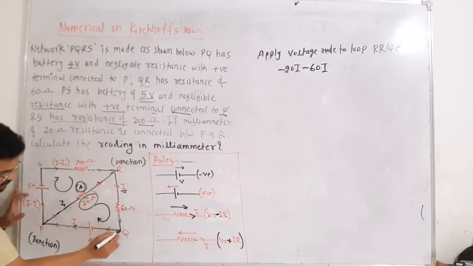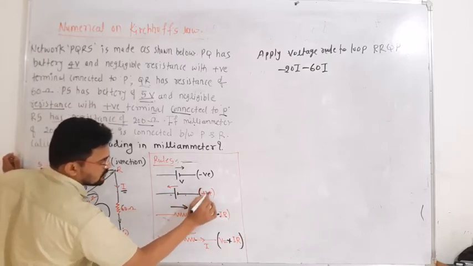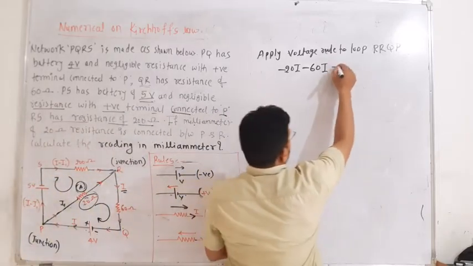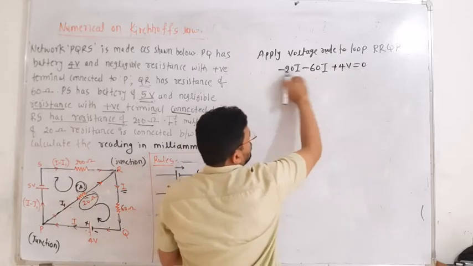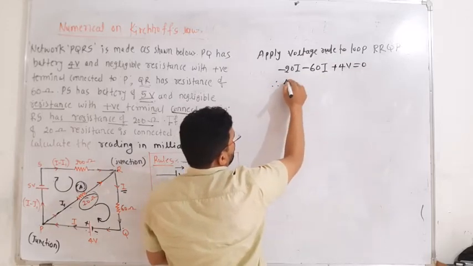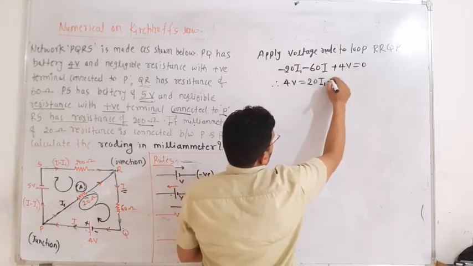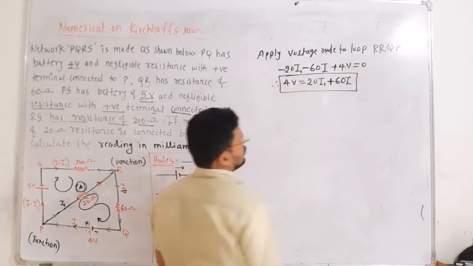Then you encounter this cell, moving from negative to positive. Always take the potential as positive when moving from negative to positive, so it becomes plus 4 volt, equal to 0. Shifting everything to the other side, 4 volt is equal to 20 I1 plus 60 I. So this is the one equation we got.